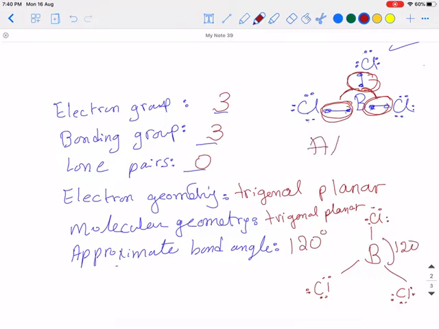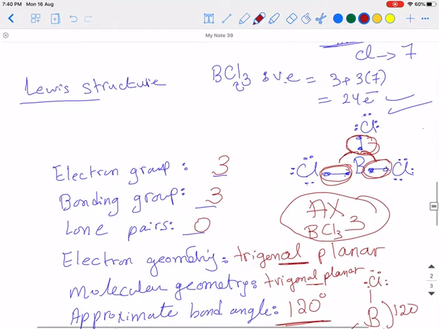Now we can generalize any molecule in the form of AX3. A is the central atom, in our example boron, and Cl is the other atoms. Any molecule having this general formula has trigonal planar shape, electron and molecular geometry, and the angle is 120.